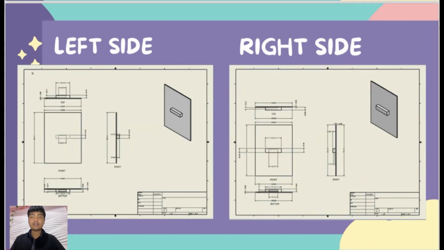Next is the left side of the machine. So from the top view, the total length or the total base of this machine is equal to 630 millimeters with the chamfer extruded up to 10 millimeters.